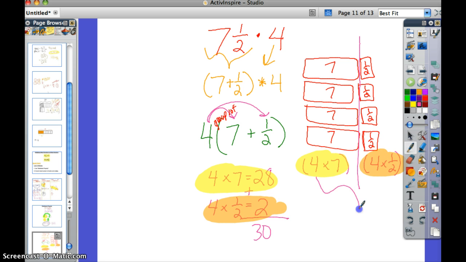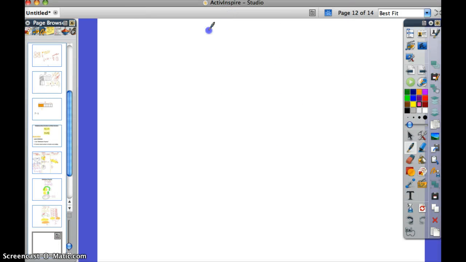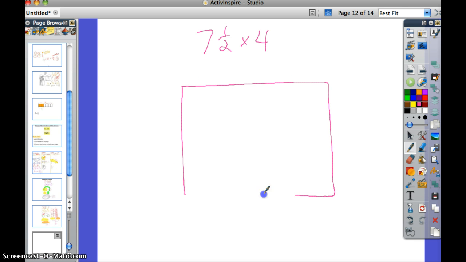And then when we add those together, we get 30. So I hope you see this with the picture as well. Picture is very important. Another way some people like to show this with the picture, 7 1/2 times 4, is kind of what we did in the past, like this, where this would be 7, this would be 1/2, and this would be 4.